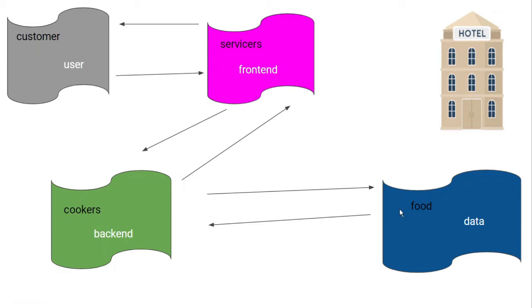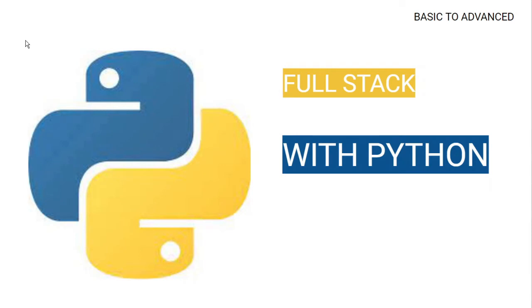In other words, whatever data we request, like the profile pic of our friend, or yesterday's example, the Indian cricket team page, if we click on that, we will get the details from the database. Whatever we request, the cookers fetch the data from the database or prepare the dish, and send it back with the servers. Then the servers deliver the data, the final step. And then coming to the Python full stack.